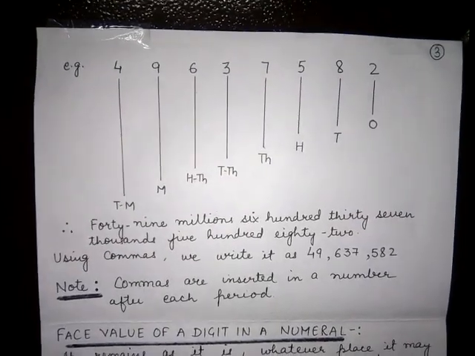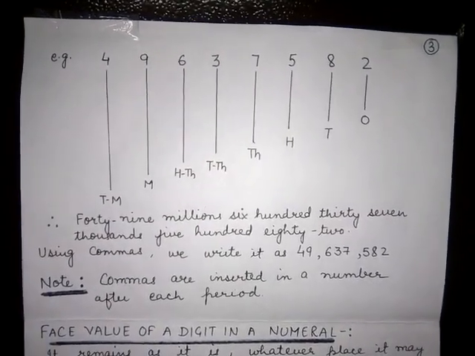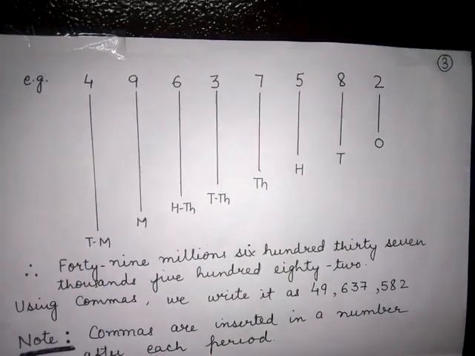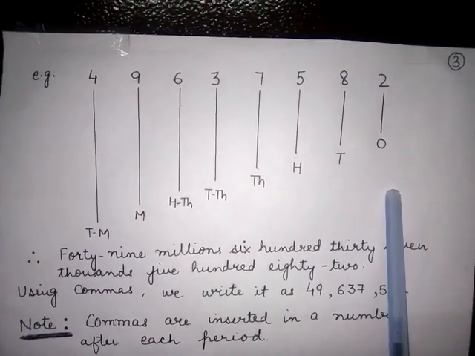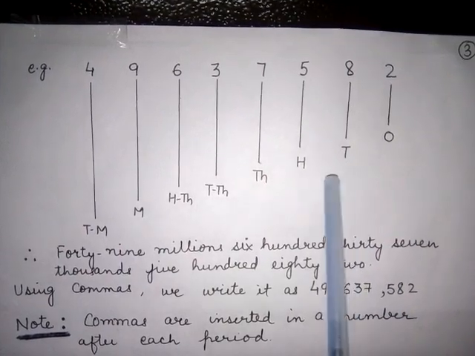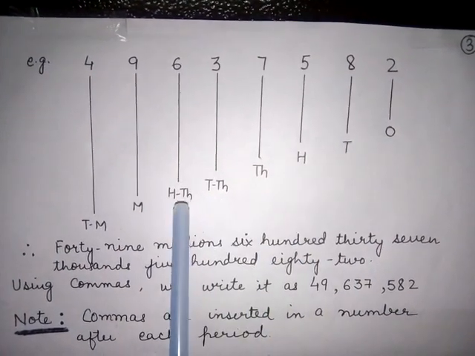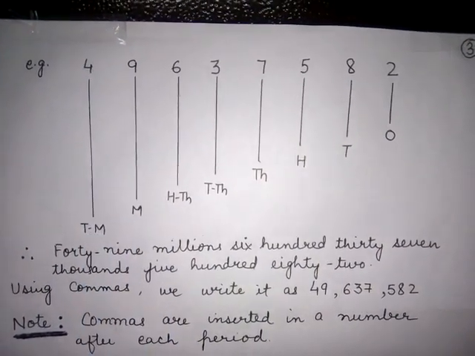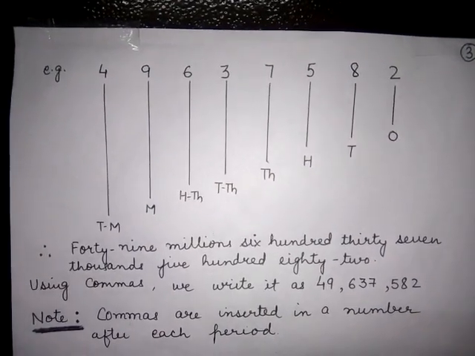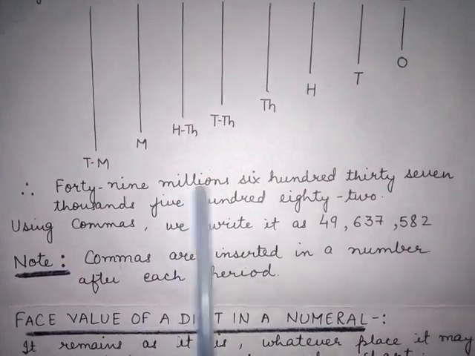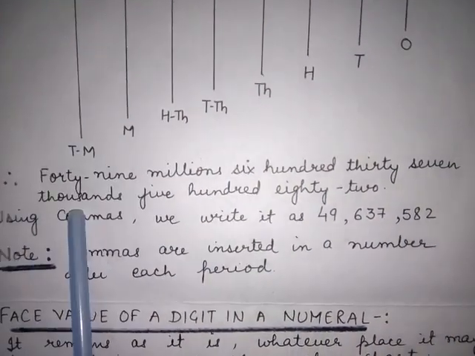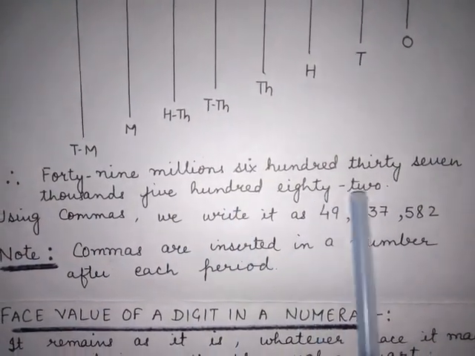Now we can understand the international place value chart by this example. You can see this numeral. We start counting from this extreme right. Ones, tens, 100, 1000, 10,000, 100,000, million, 10 million. So according to the international place value system, it can be read as 49 million 637,582.